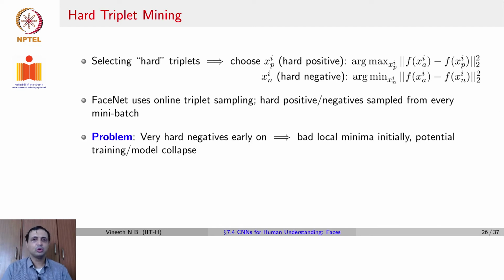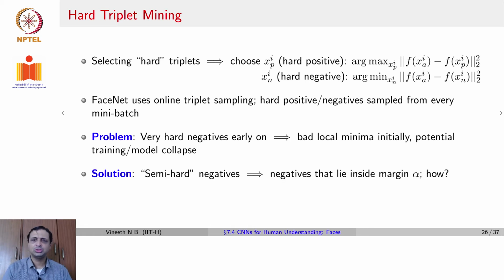There's one problem here though. If you choose very hard negatives early on, there could be bad local minima and the training could collapse. So the idea would be to choose semi-hard negatives in an initial stage and then move on to harder negatives in a later stage of training. How do you choose semi-hard negatives? We ideally want to choose negatives that lie inside the margin. Alpha was the margin.